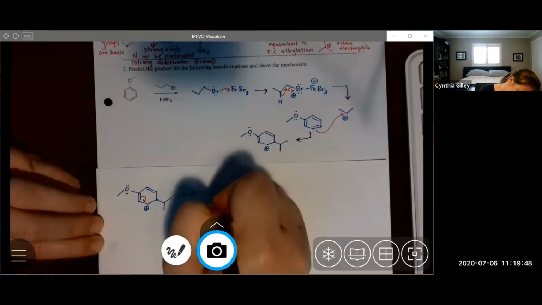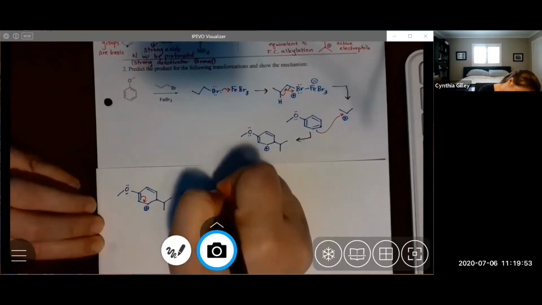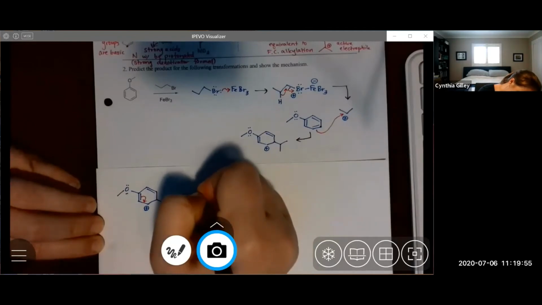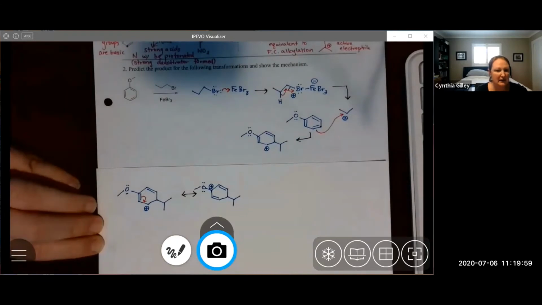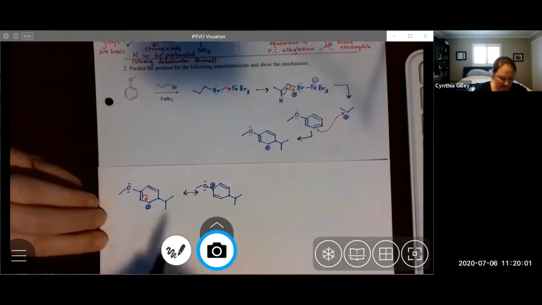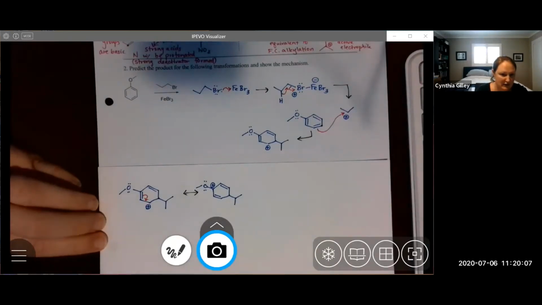Shift the pi bond over. Note that this intermediate is not currently aromatic because this carbon is sp3, so it is a relatively high energy intermediate for this reaction.